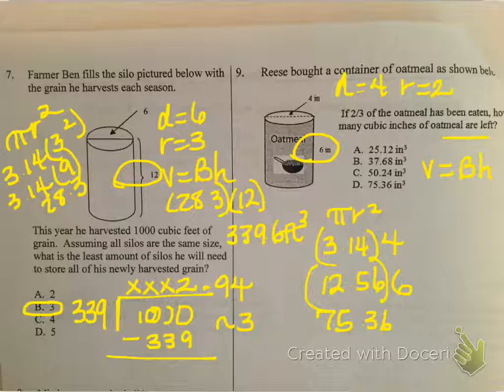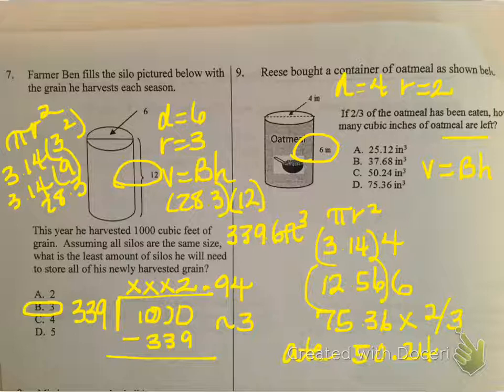Okay, she ate 2/3, so I have to multiply this by 2/3 because she ate 2/3. So when you multiply that out, she ate 50.24. She ate that much oatmeal. Okay? Now I need to figure out how much is left.